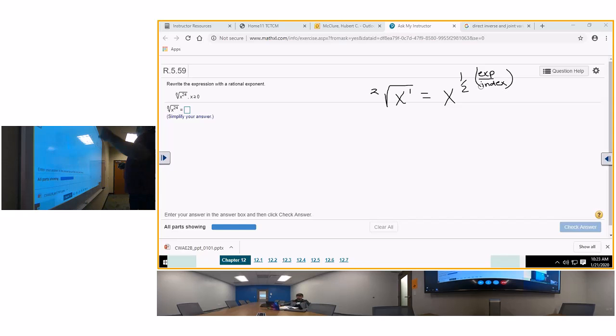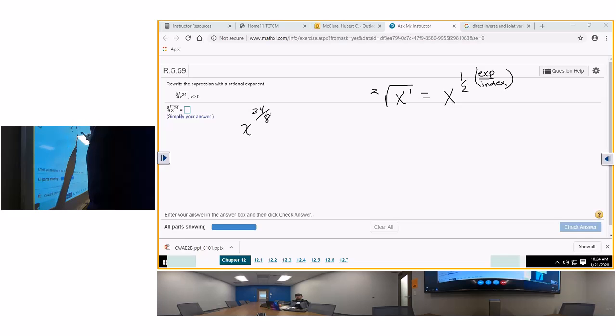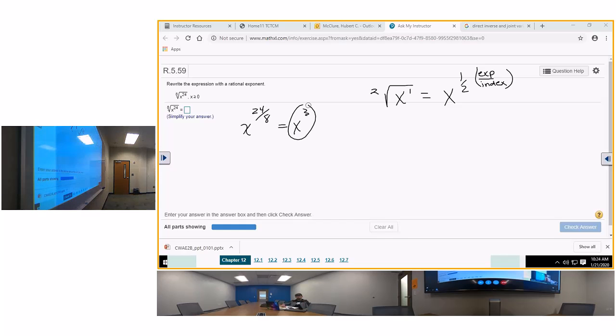So, what is this one? X to the what? Exponent over what index? What's the exponent? Over? I'd give you several of those on the test, because that's pretty straightforward.